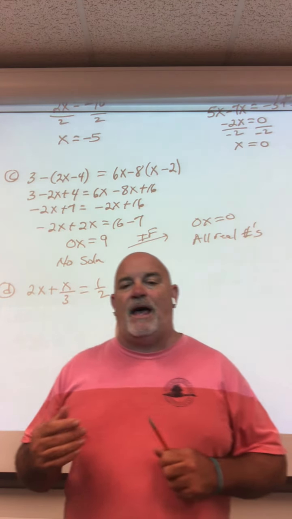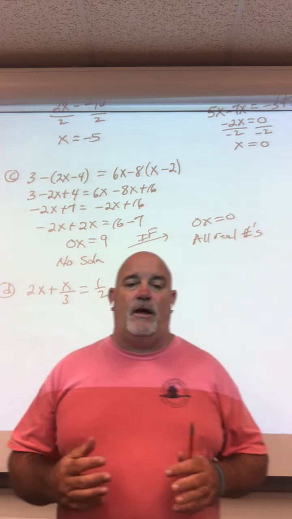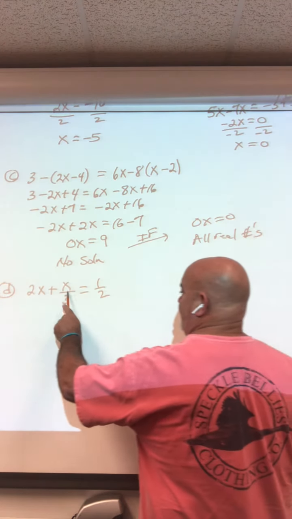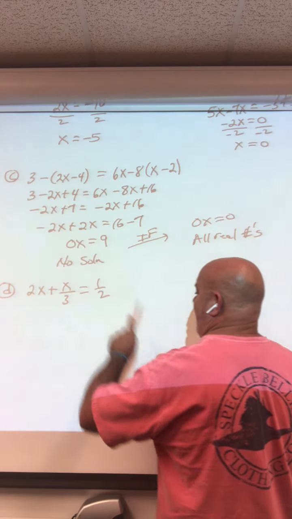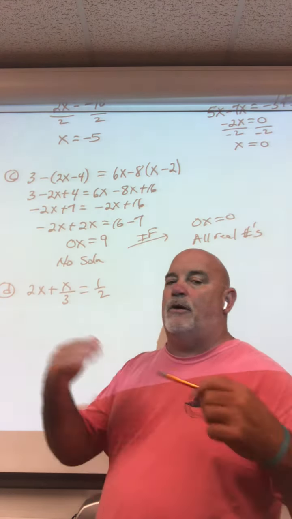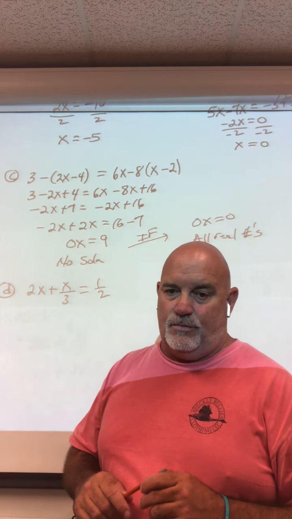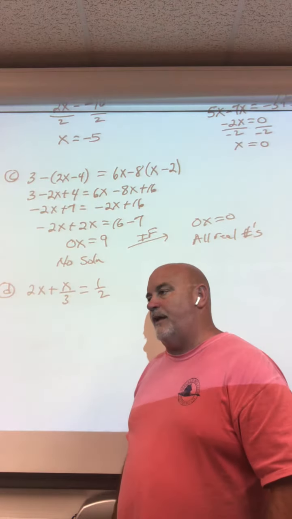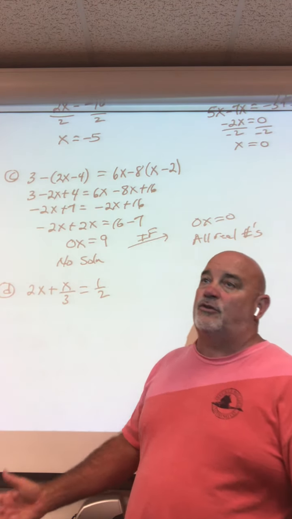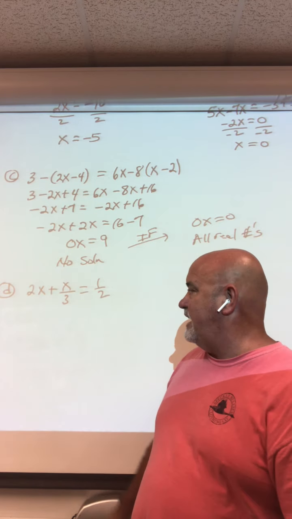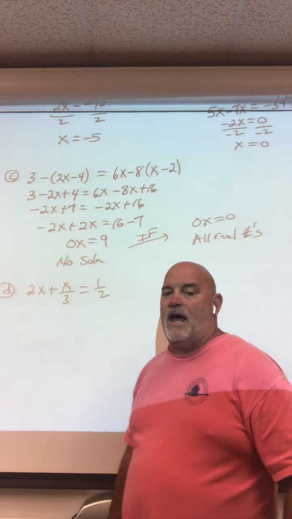Now, when you multiply, you have to multiply by a big enough number that gets rid of all of your fractions. So if I'm going to get rid of a dividing 3 and a dividing 2, I got to multiply by a number that 3 and 2 both divide evenly into. That number is 6. There are other numbers that 3 and 2 both go into, like 12, but 6 is the smallest. So 6 in this problem is the common denominator.